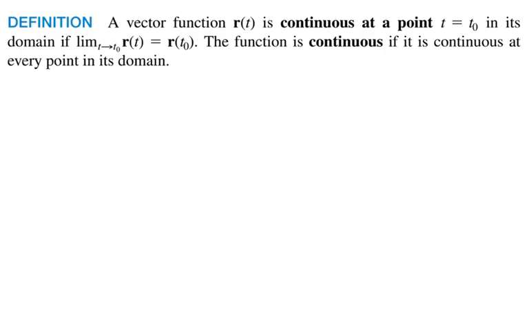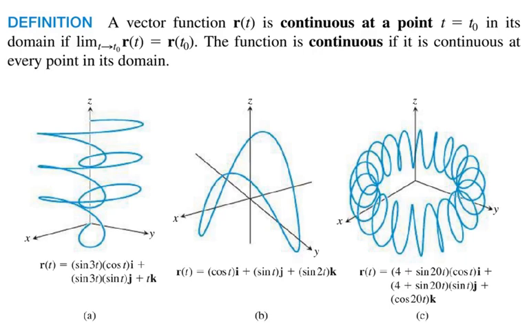And if we go back and think about some vector valued functions we looked at in the first video, here we see three vector valued functions, and since all of their components are continuous, cosine is continuous, sine is continuous, this linear t is continuous, and the limits would match the function values, then the functions are continuous. So all of these space curves are continuous because their component functions are continuous everywhere inside that domain of t existing within all real numbers.